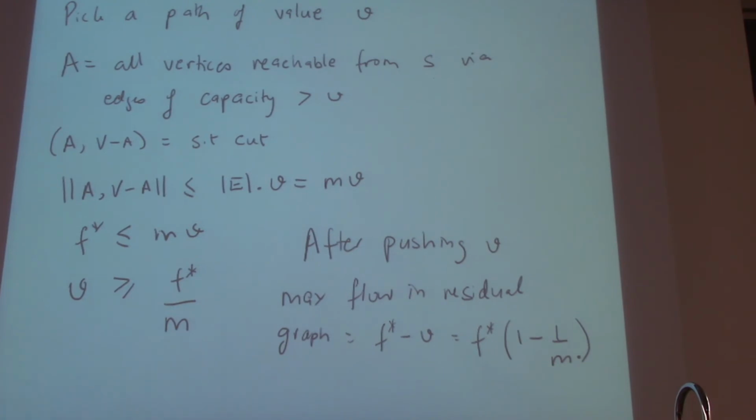If you think of m as a number that does not change as the algorithm runs, we are saying that we have reduced the flow by some fixed factor after one iteration.